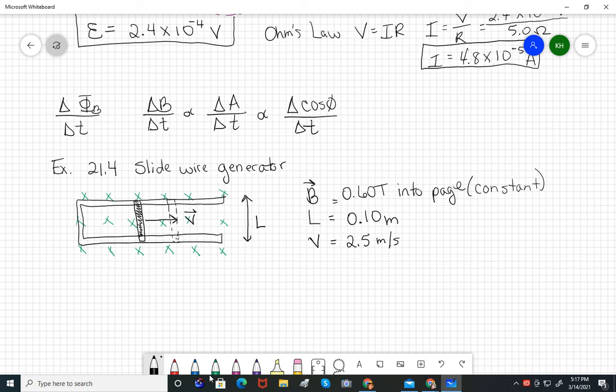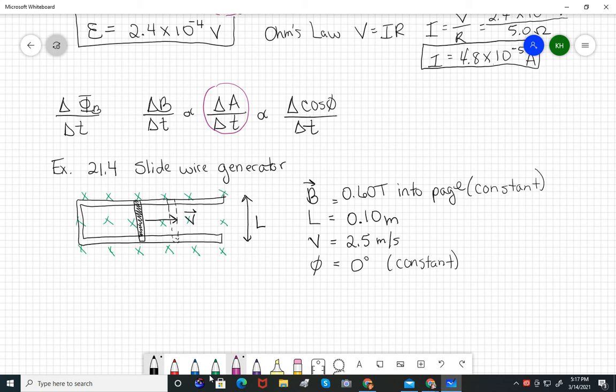Phi is not drawn here anywhere, but if we wanted to think about phi, it would be 0 degrees. Cosine phi would also be constant. So what's changing is actually going to be the area in this case. That's going to be the crucial thing. How is the area changing?